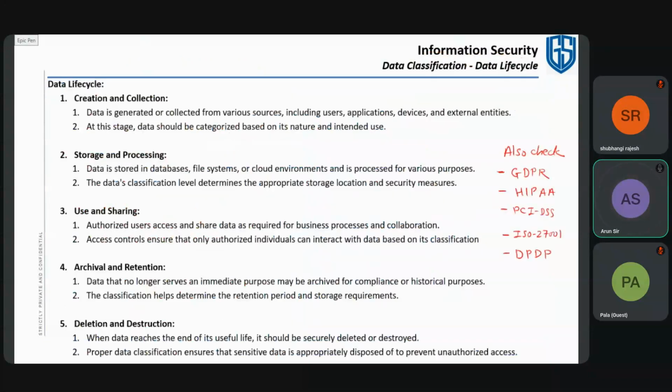Okay, just as in the last part we talked about the data life cycle, how the data life cycle is managed, it includes these steps. They are related to how creation and collection of data should be done, and when you are collecting or creating the data, there should be some EULA, that is, end user license agreement.